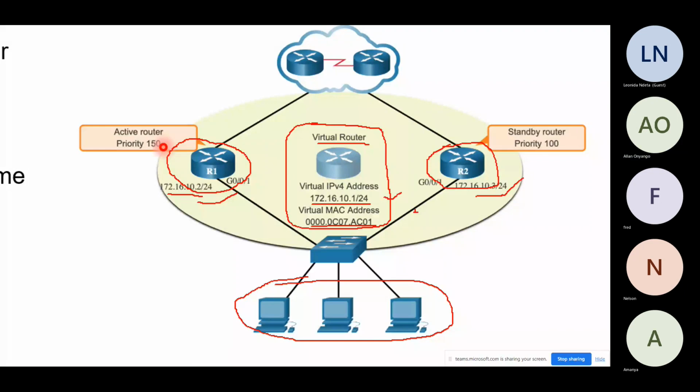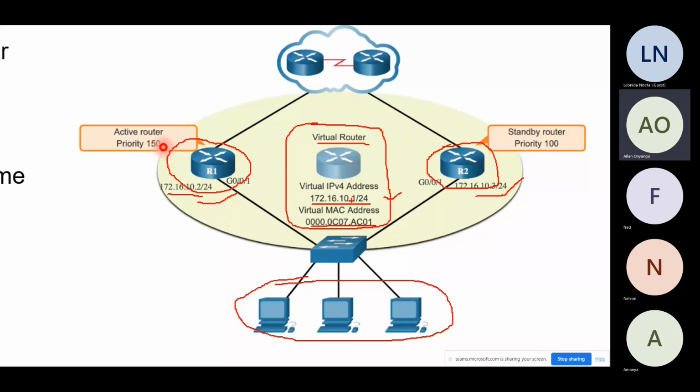Now, I want you to understand one thing: the virtual router doesn't exist. This is a concept that I take long to explain to my students. The fact that it's drawn here doesn't mean that it's here. You can see that it is not connected to any of the devices.